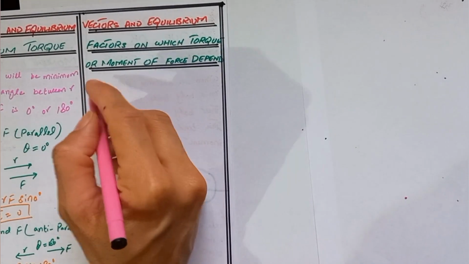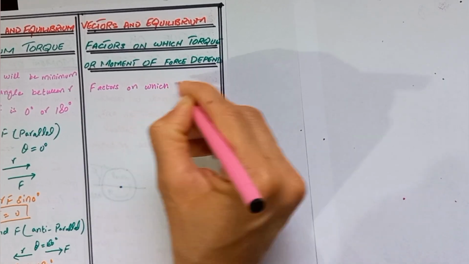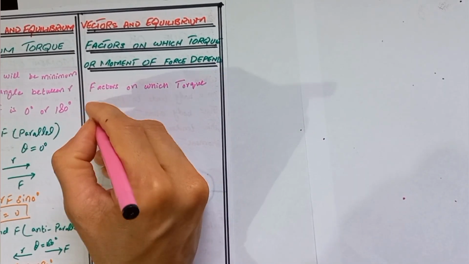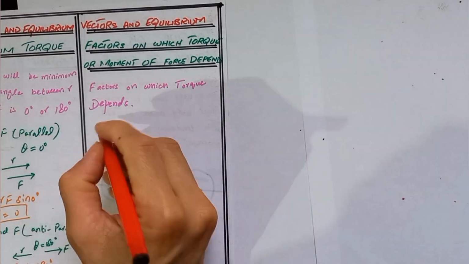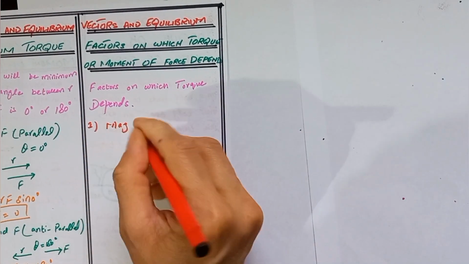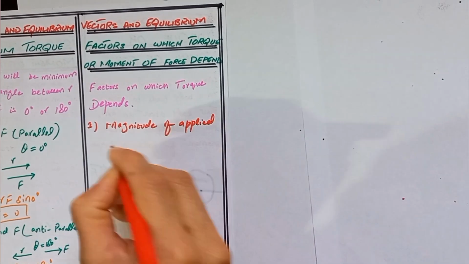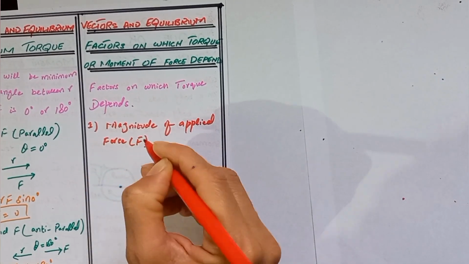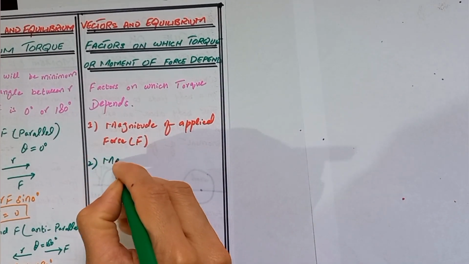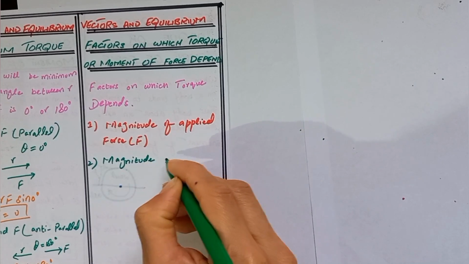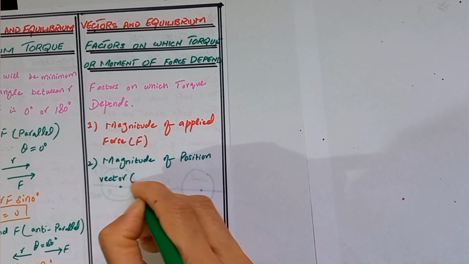Now we discuss the factors on which torque depends. First one is the magnitude of applied force F. Second one is the magnitude of position vector r.